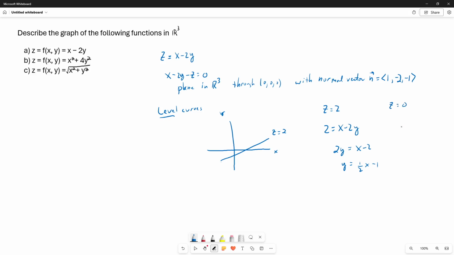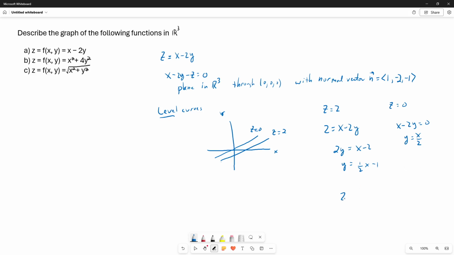If z is 0, then we get 0 equals x minus 2y, and so y is equal to just x over 2. So these are parallel lines. This is the line corresponding to z equals 0.